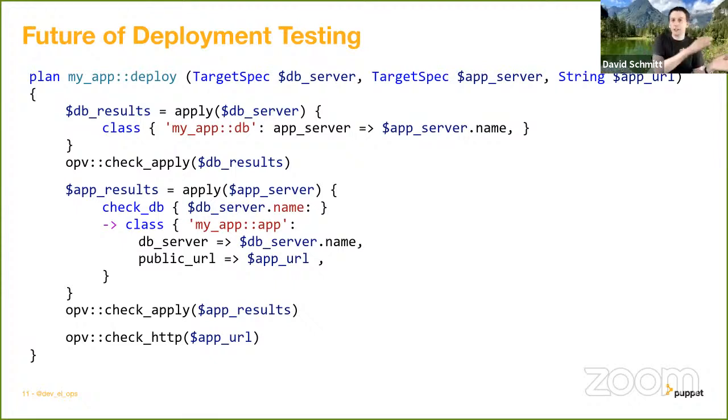But by virtue of having these critical checks directly where the configuration happens, they will not get lost in the shuffle, right? You use that deployment plan to deploy into your staging system. You use that to deploy into your development system.